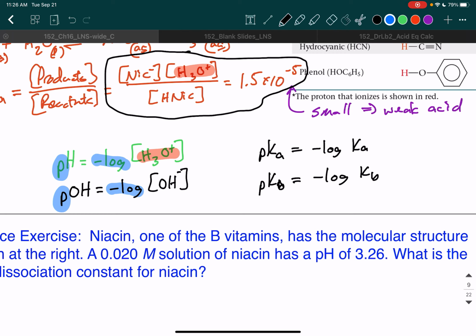And I'll just write it out. I've been saying it. pH plus pOH equals 14. As it turns out, pKa plus pKb equals 14. So that number 14 isn't numerology or anything. It does pop out of an equation that we'll visit. It's not magic.